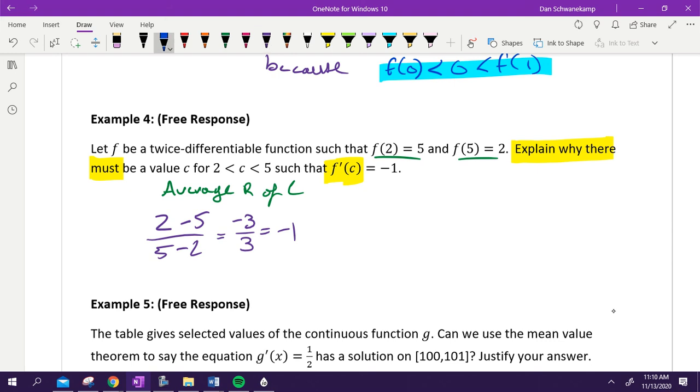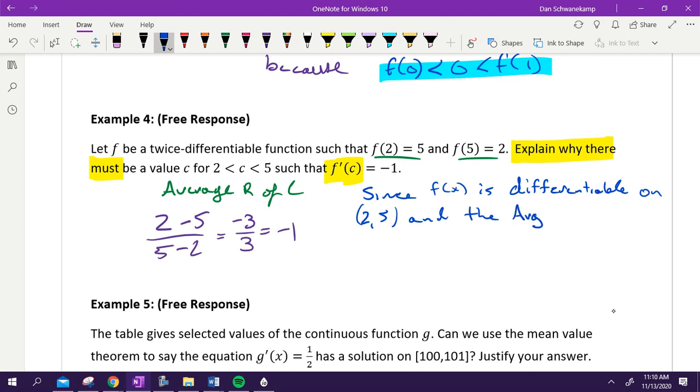So I'm going to say, since f of x is, what it has to be true if I'm talking about mean value theorem? It has to be what? It has to be differentiable. Since f of x is differentiable on 2 to 5, and the average rate of change is negative 1.